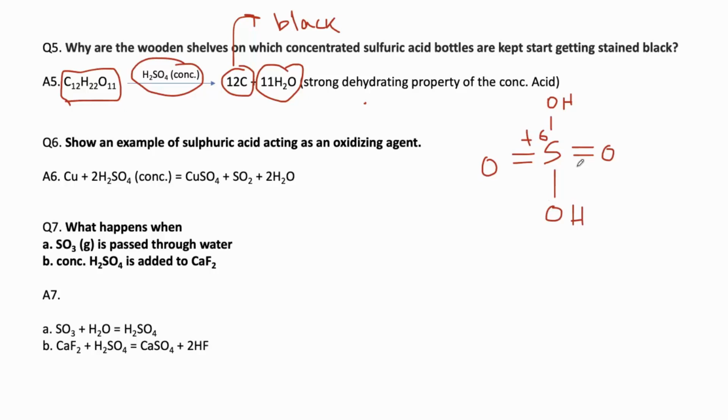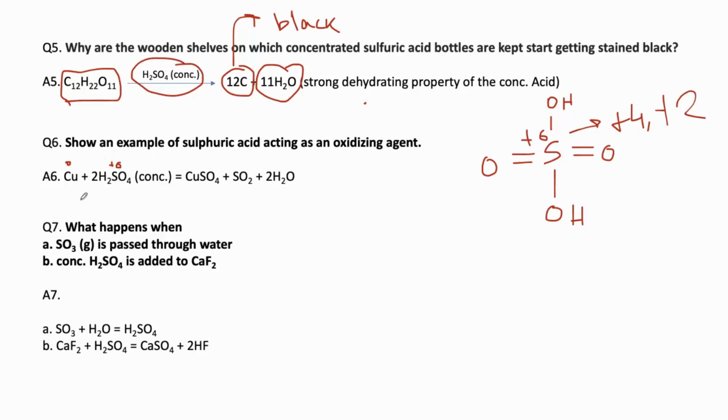Now the sulfur can come down to any of the lower oxidation states like +4 or +2. Hence, it is acting as an oxidizing agent, because it itself gets reduced. Now you can see copper in the zero oxidation state, and sulfur here as +6.